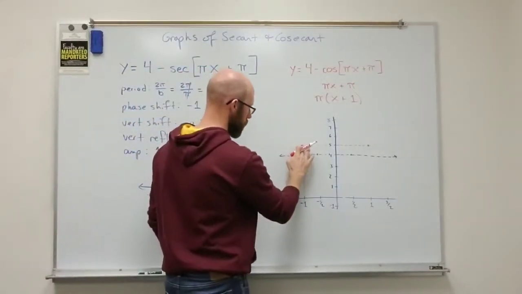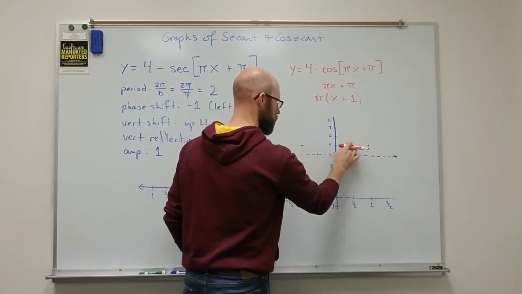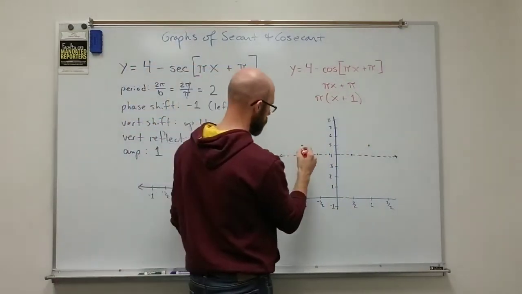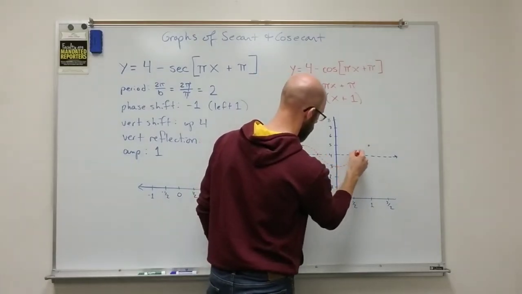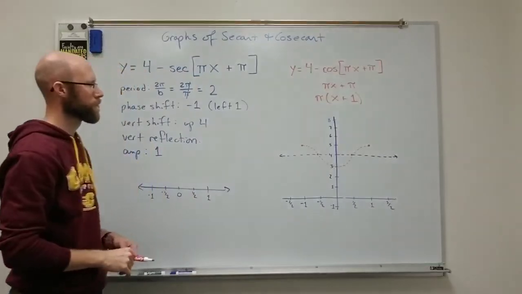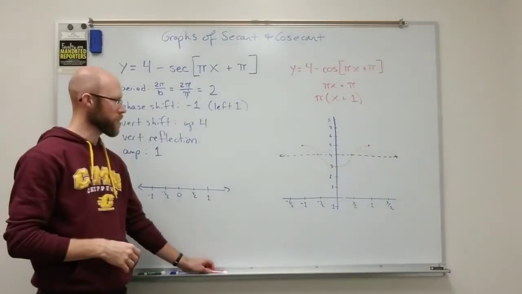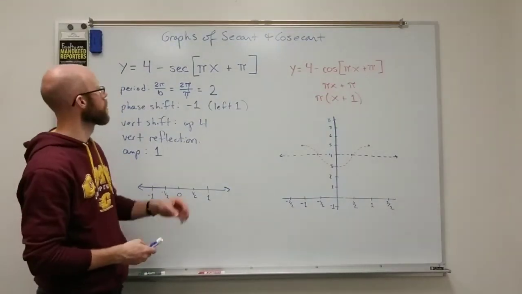Then I would plot, let me get rid of all these markings I used to sketch those out. Okay, now we draw in our curve. There they are. Okay, now remember, wherever there was an x-intercept on the cosine, there would be a vertical asymptote in the secant.